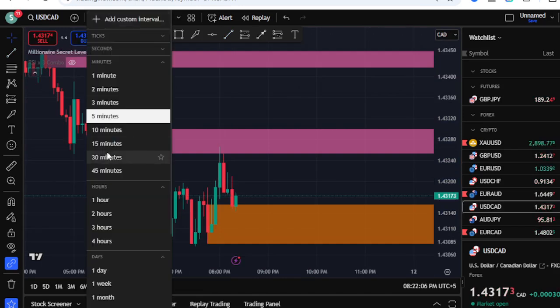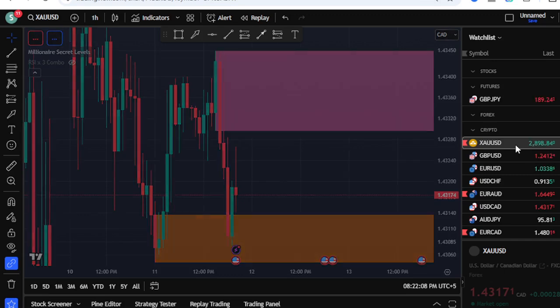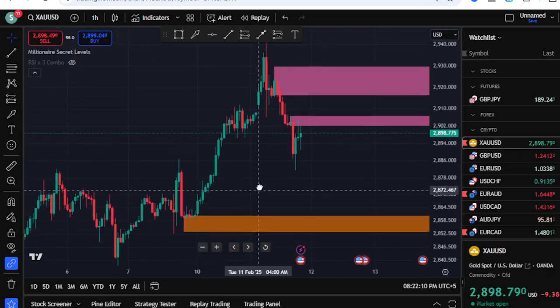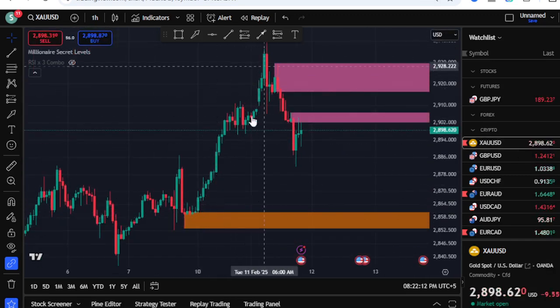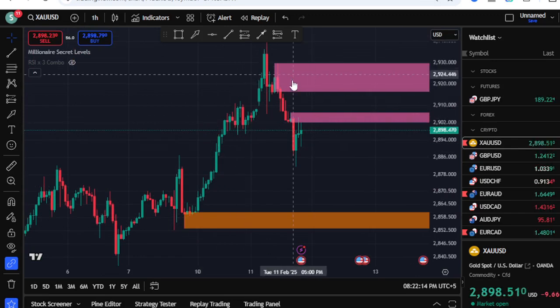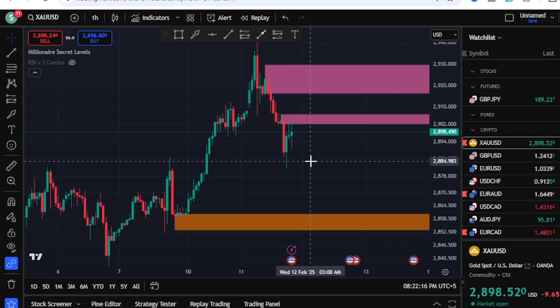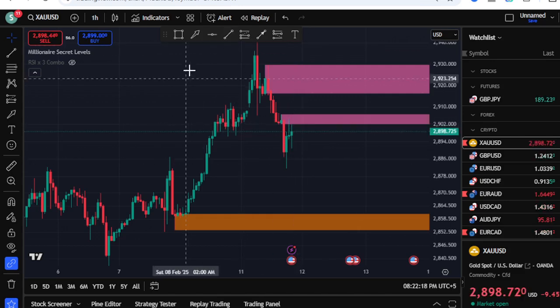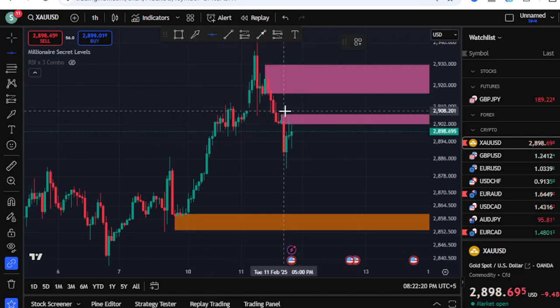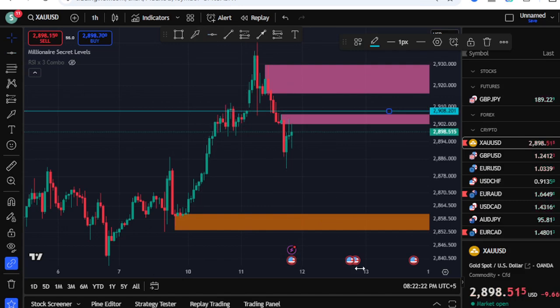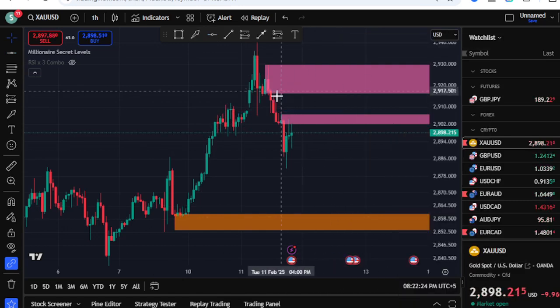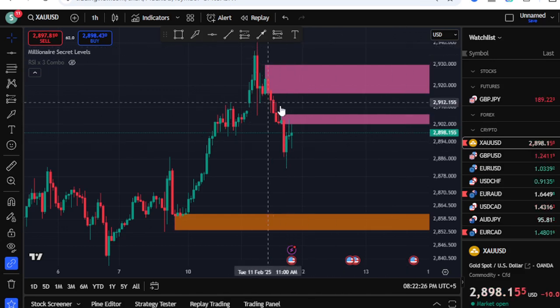Now just imagine if you're using the 1 hour chart on gold, you will realize that was a very good bullish opportunity, and right now it's talking about selling. If you're selling here, your stop loss will be quite immediate, just above the level or the previous low.